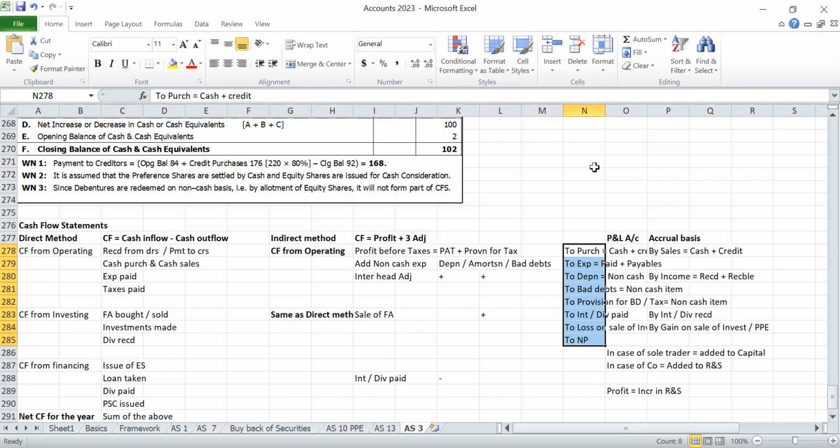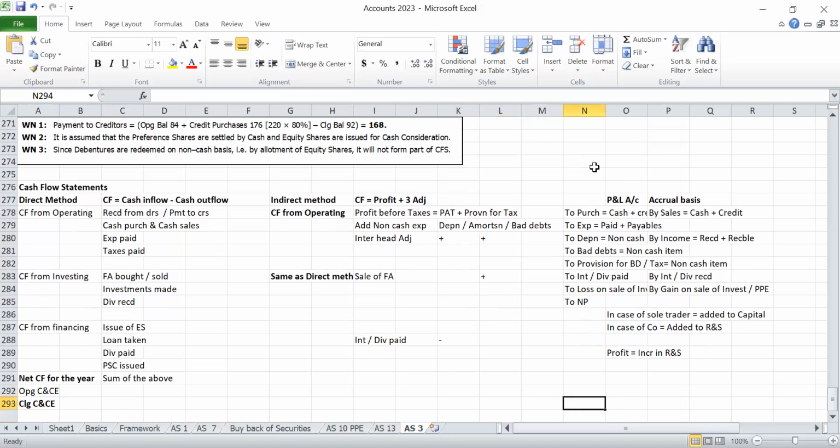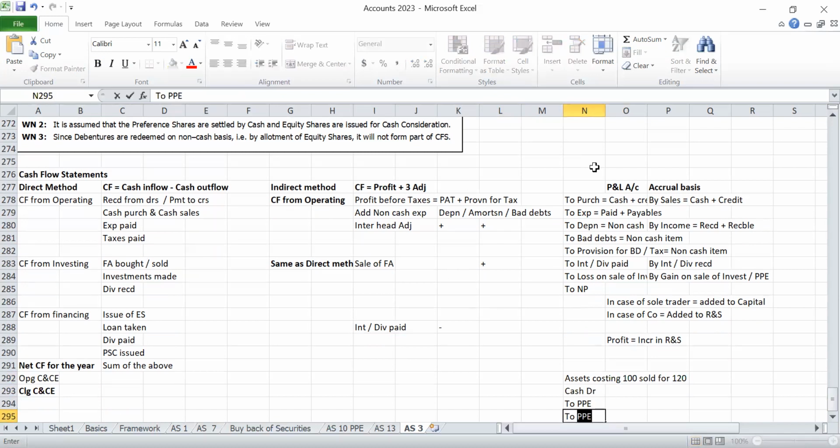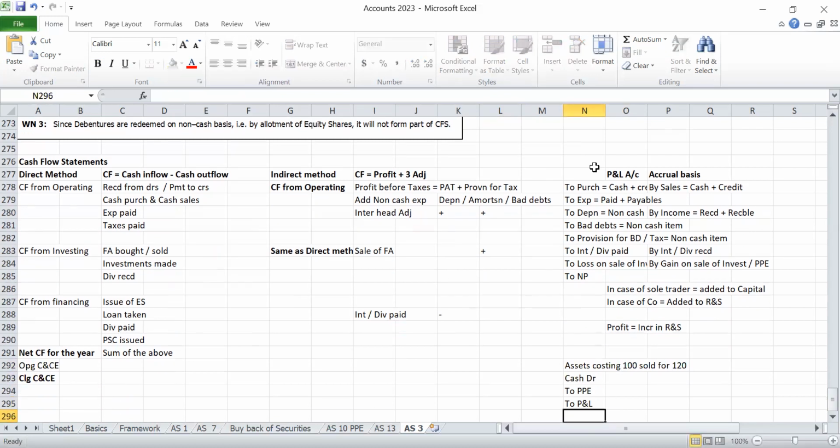I will write an example. An asset costing 100 rupees, sold for 120. The entry will be: cash account debit 120, to PPE 100, to P&L 20.